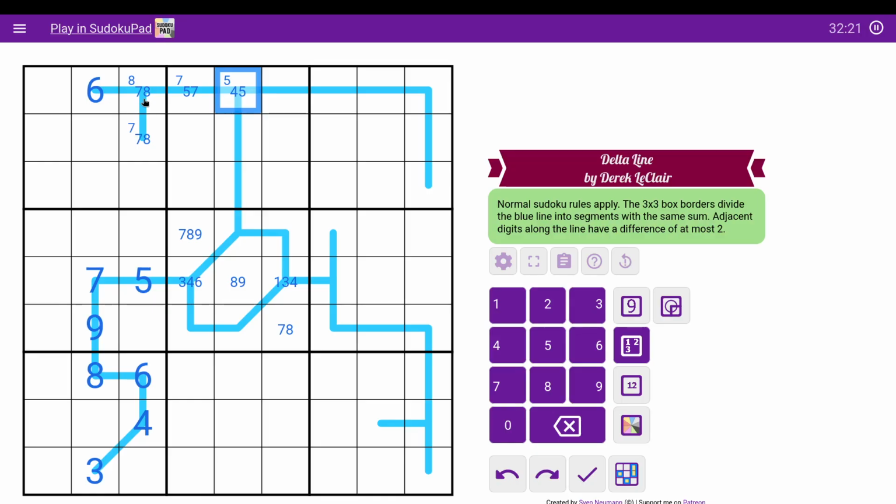We've already hit 12. No, this is the one that works, right? Okay, what if this is 4, 5, 7, 8? No, I go back once again. 5, 7, 8. Now this is 12 already.